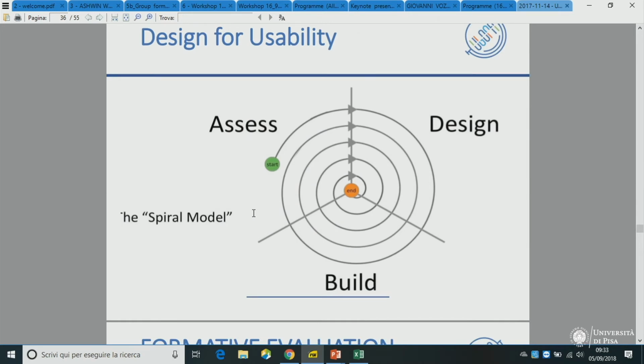So what are we doing? We are designing for usability, and typically it is not a straight line. We are going through iterations because we are getting better and better at each iteration. We need to observe real users in real life to get smart ideas on how to make our device more usable. So the spiral model is very applicable to this kind of design. For example, it is not applicable to designing for safety. Think about electrical safety.